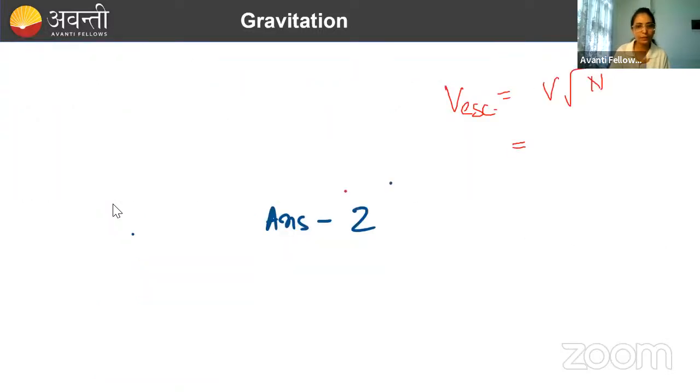सो v स्क्वायर अगर हम निकालने की कोशिश करें, बट यहाँ पे तो v ही रखना है ना हमें. GM by R इनटू रूट अंडर n. अब आप देखो एक्सेलरेशन ड्यू टू ग्रेविटी क्या होता है?